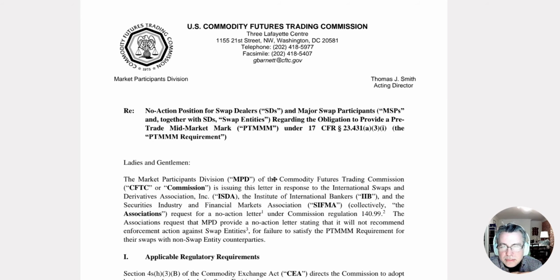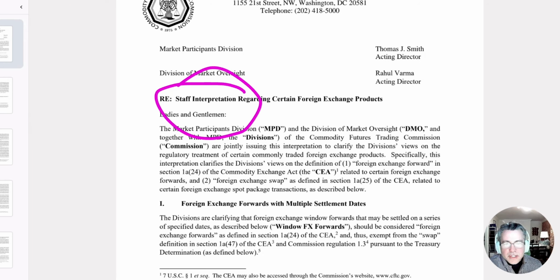So what's the difference between a no action and an interpretive letter? An interpretive letter is like the opinion we discussed earlier on. An interpretation is something that applies to everyone, and where there is some ambiguity in the statute, staff at the commission is saying, this is the way we read that statute and it would apply to everyone.